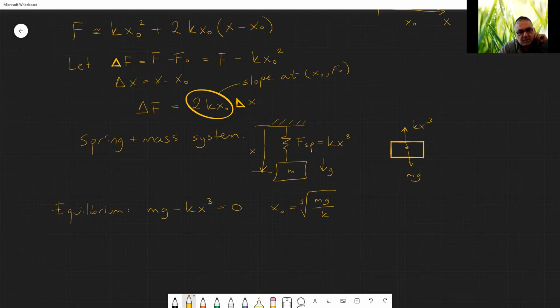So the system, without any force, stands in equilibrium at this value of x0, and the spring force will simply be k times x0 cubed, which will be mg actually, eventually. Doesn't matter. This is the equilibrium.